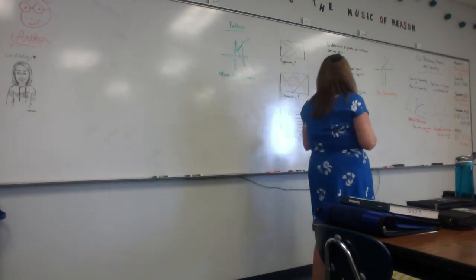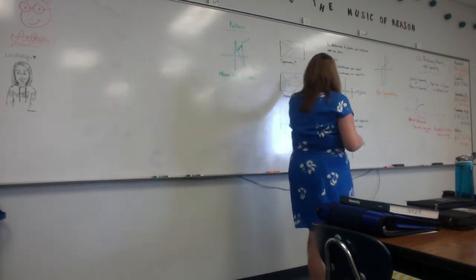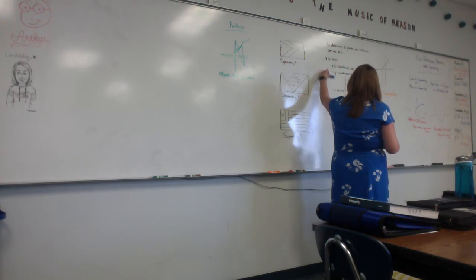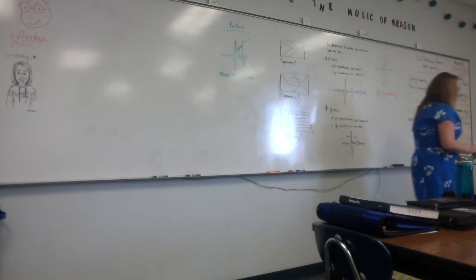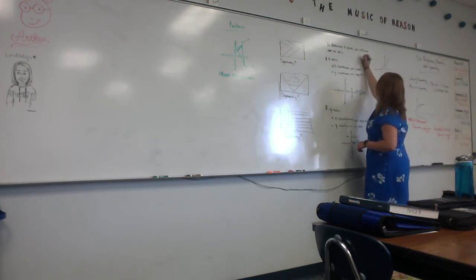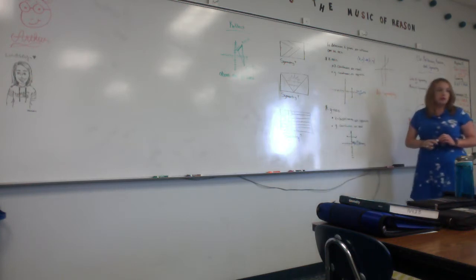to determine if points are reflected over an axis, okay, if it's over an x-axis, the x coordinates are equal, the y coordinates are opposite. Okay? Which means if my original coordinates were (x, y), my new coordinates become (x, negative y). Okay?